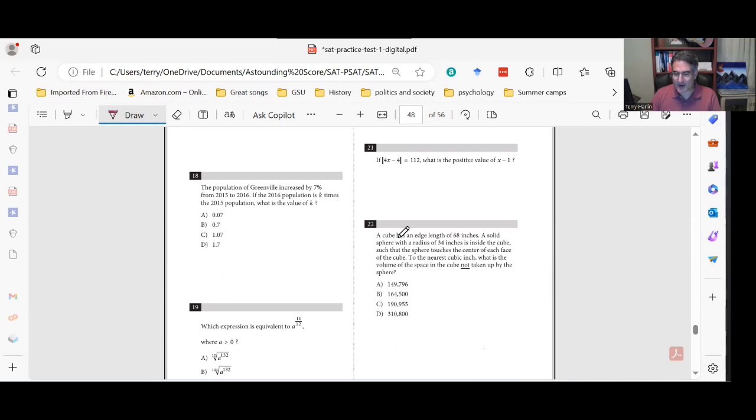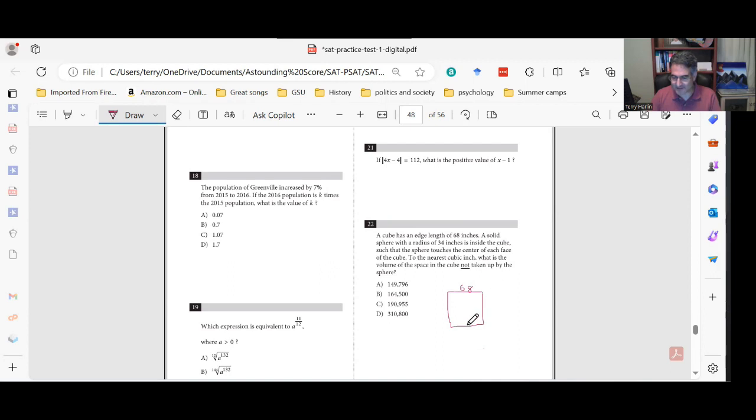A cube has an edge length of 68 inches. Let's draw our cube. And a solid sphere with a radius of 34 inches. That means it has a diameter of 68 inches, and it's inside the cube.